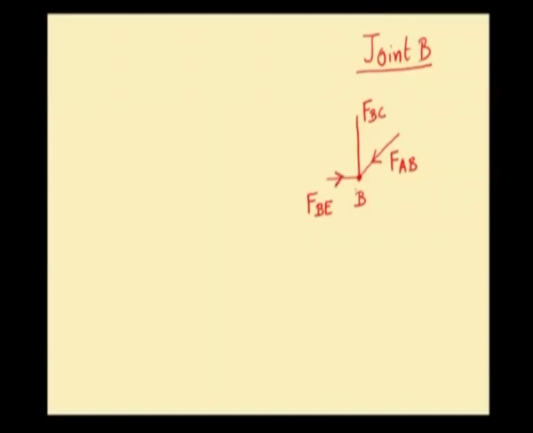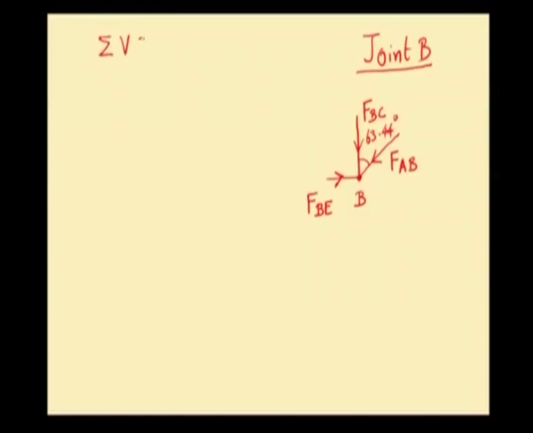So, the arrowhead once again for FBE is pointing towards joint B. Similarly, FBC is also assumed to be compressive. So, arrowhead points towards the joint B. The angle between the members BC and AB will be 63.44 degrees.